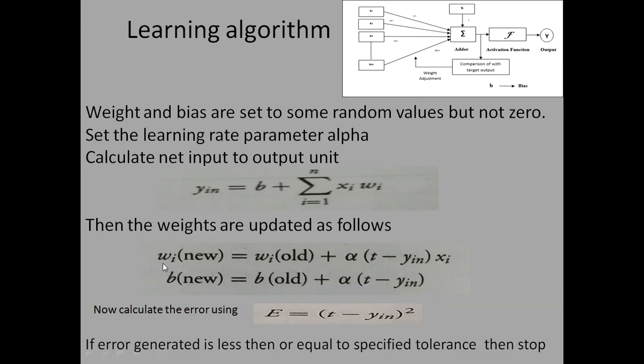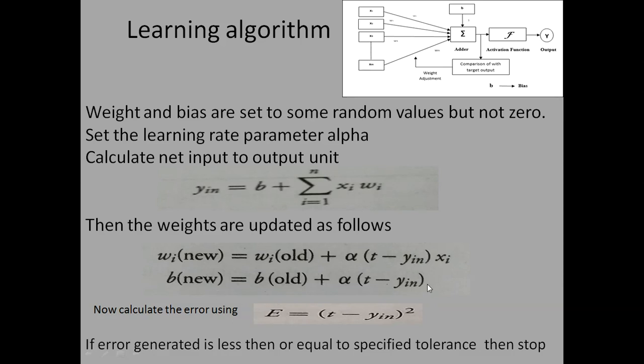If i is 1, then w1 new is w1 old plus alpha times (t minus the net input) times x1. For x2, w2 new is w2 old plus alpha times (t minus the net input) times x2.